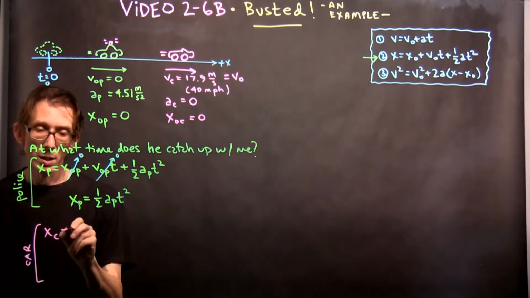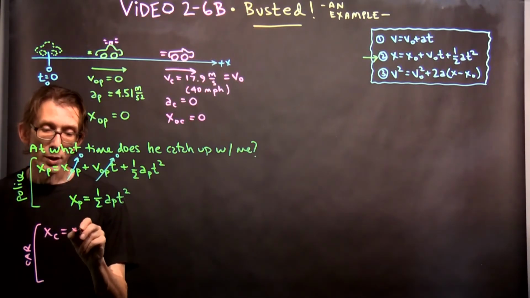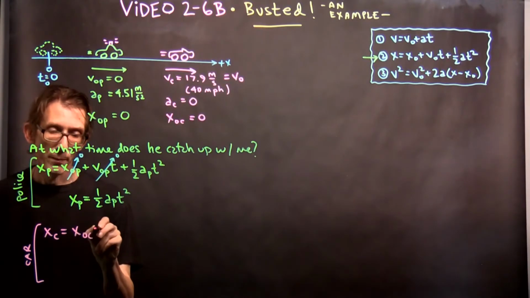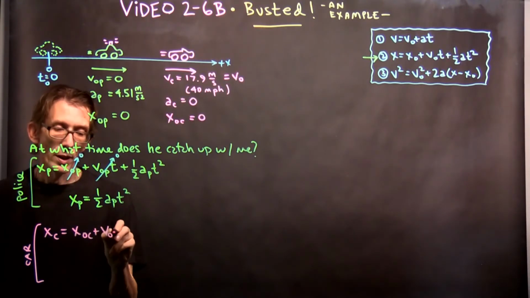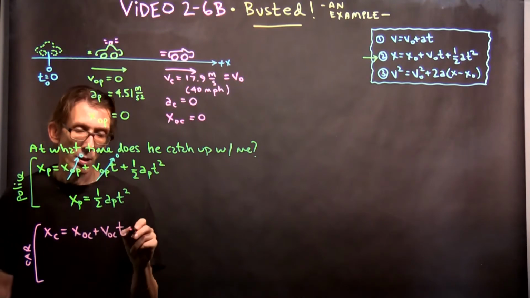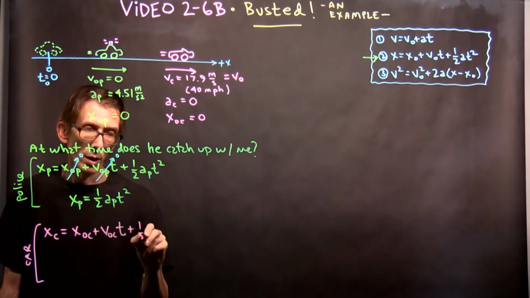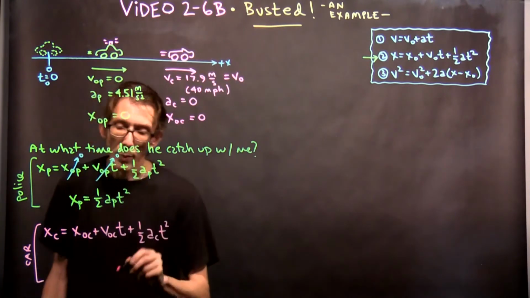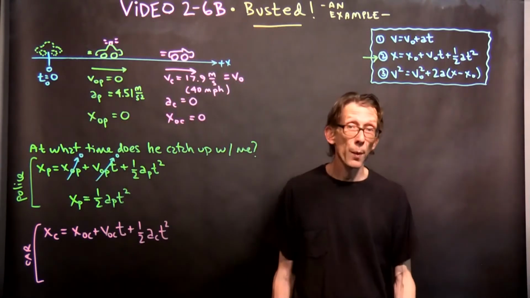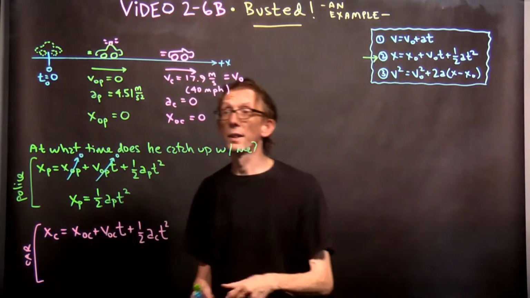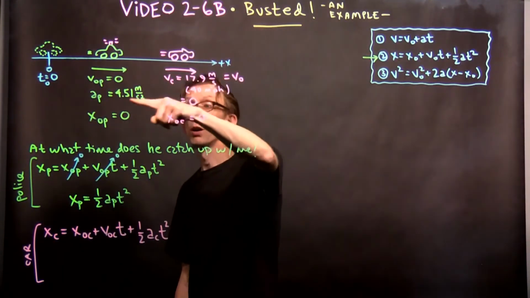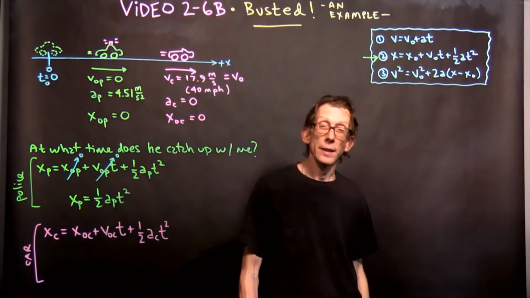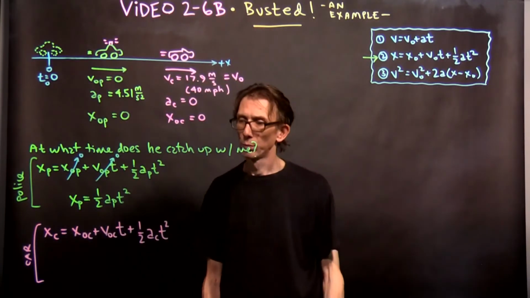X sub C, the position of the car, is equal to the initial position of the car plus V naught C times T plus 1/2 A C T squared. Remember, all the C's and P's were just added in to indicate whether we're talking about the car or the police officer.